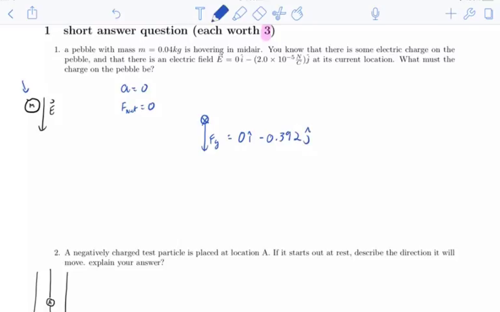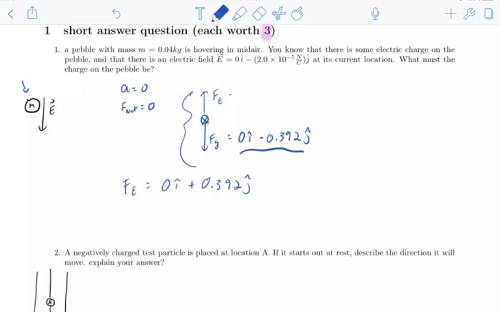There also has to be a force from the electric field. And so I know that because these two have to cancel out, the force from the electric field has to be equal and opposite to the force of gravity. So the force from the electric field is 0 i hat plus 0.392 j hat.